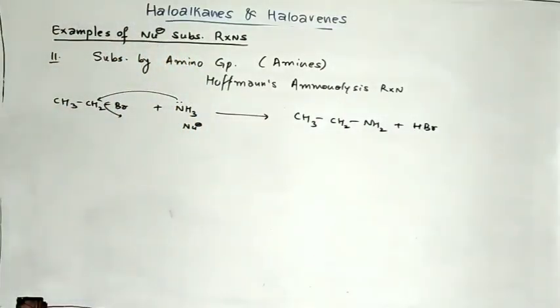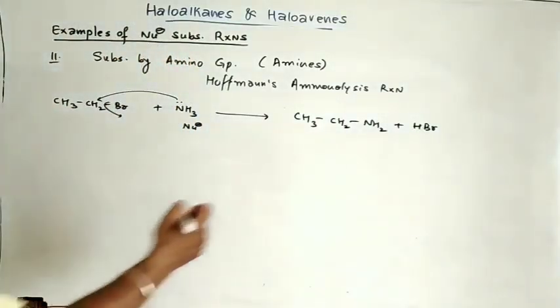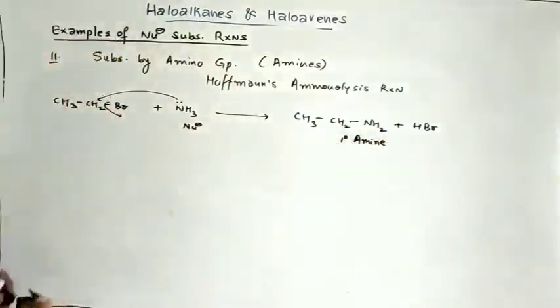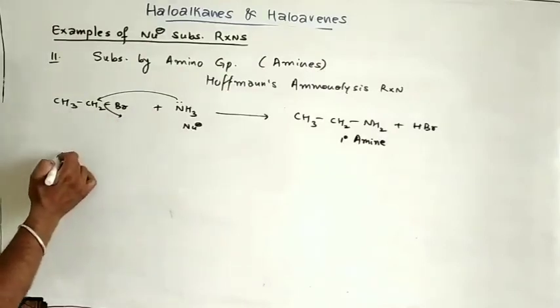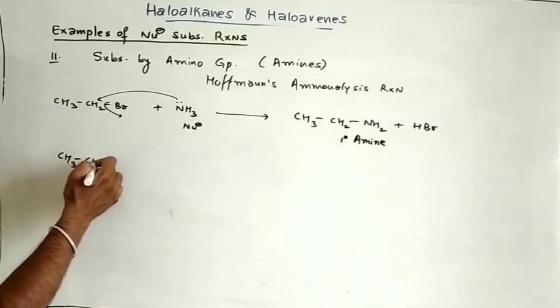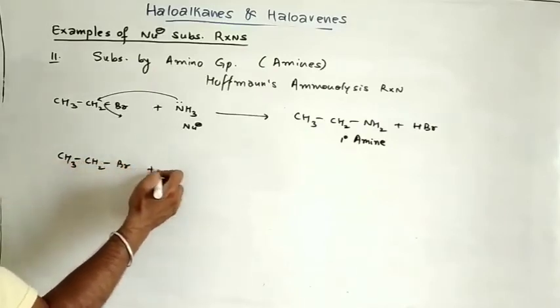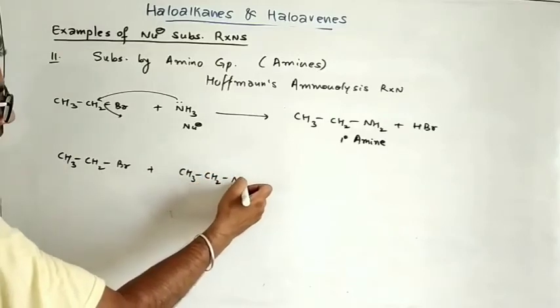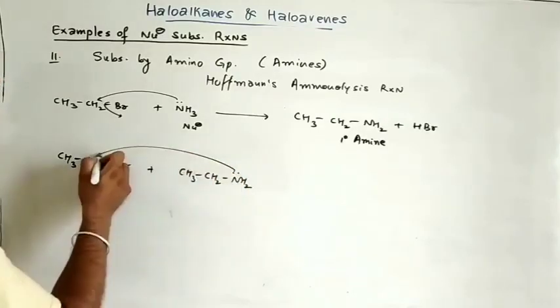A primary amine is formed. This is your 1 degree amine. It may change into a secondary amine by treating again with this alkyl bromide. Now adding this primary amine, again it is a nucleophile.